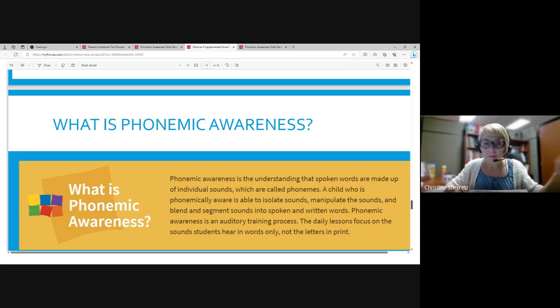Now let's do the example that I said before, way. I want to know my way home. We're going to tap the sounds. W, ay. Notice I put one marker for ay, and that's because ay makes one sound.